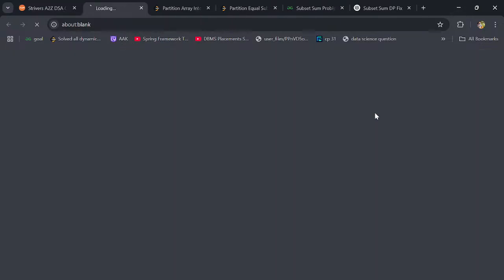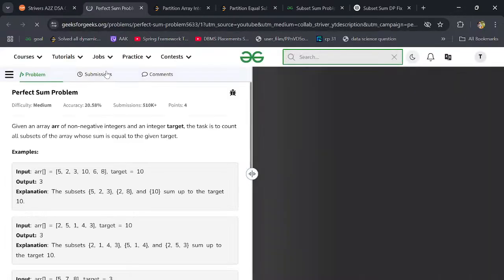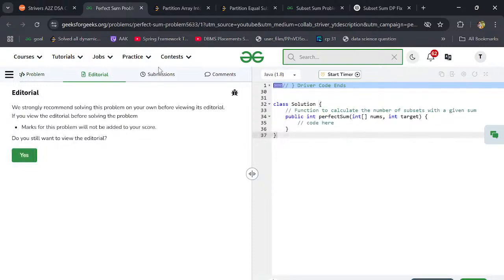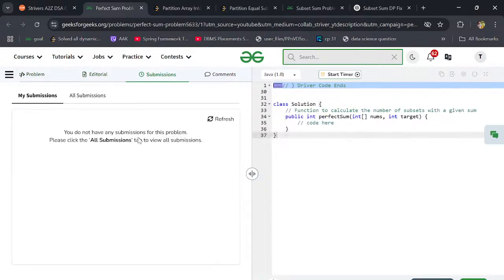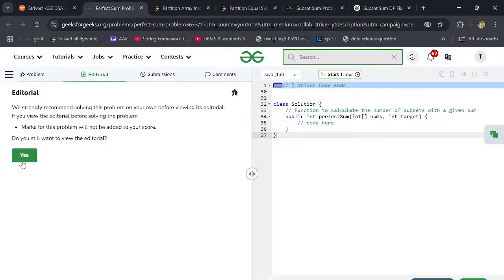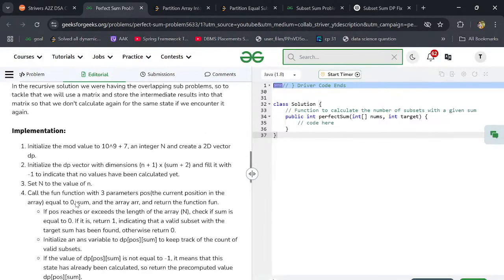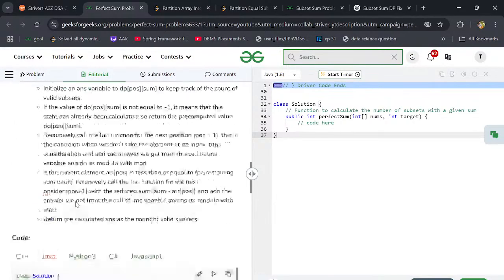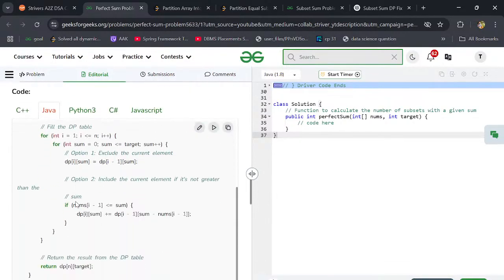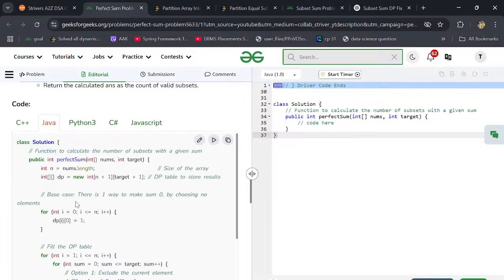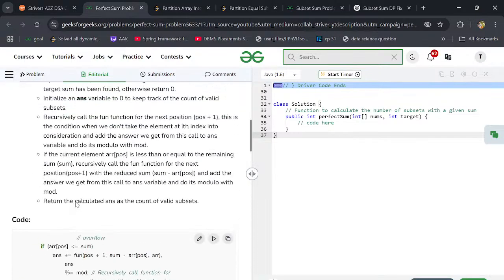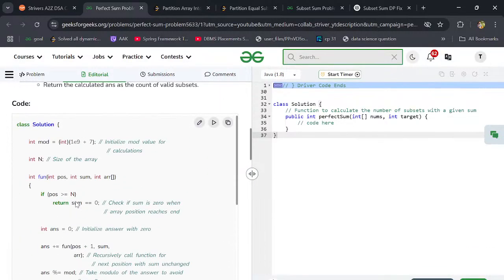Do you want to see the code? Submissions. Okay, I didn't submit it. Let's see the editorial. Expected approach, memoization. Yeah, it's simple. Let's see this one only, so that we can write it.